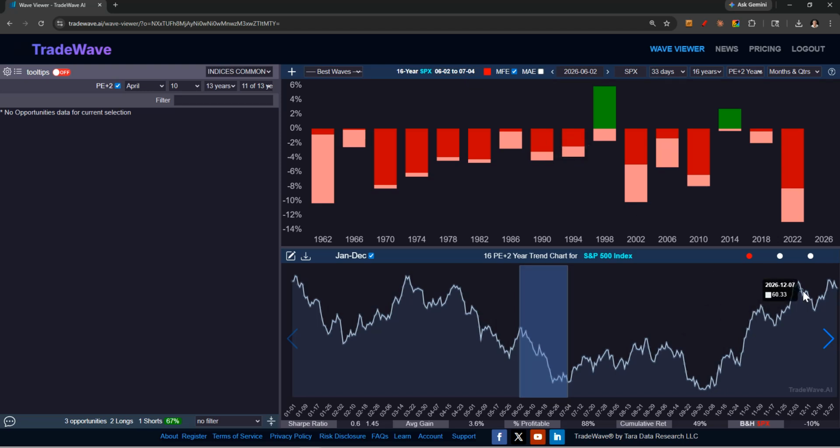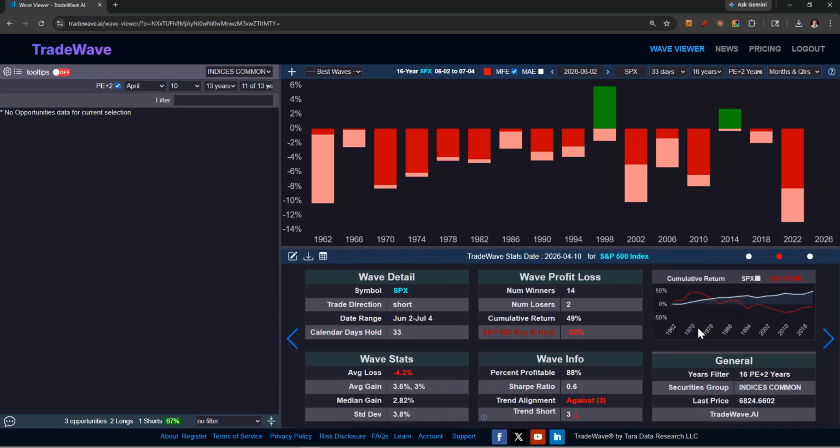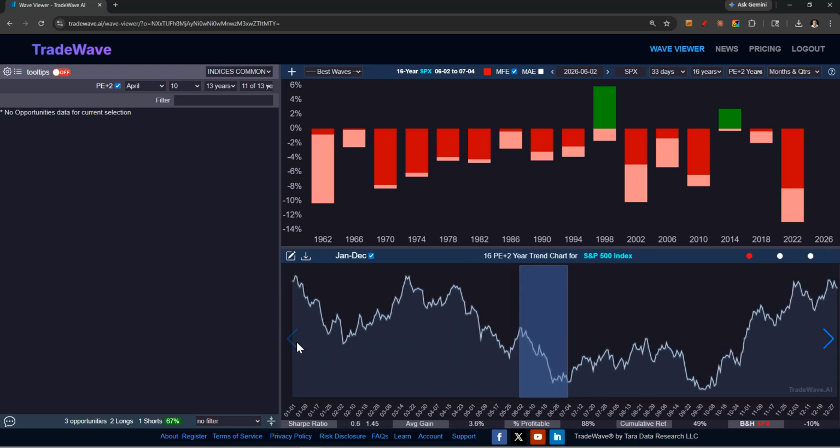Look at this. Market has dropped. Oof. Average drop was 3.6%. Median 2.82. And it happened 88% of the years. 14 out of 16 years. All of this looks pretty ugly to me.